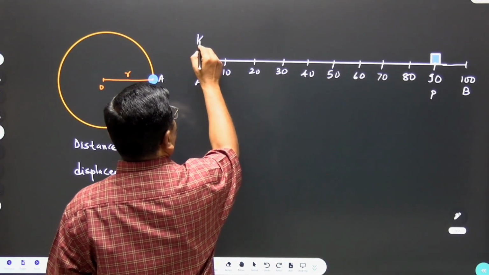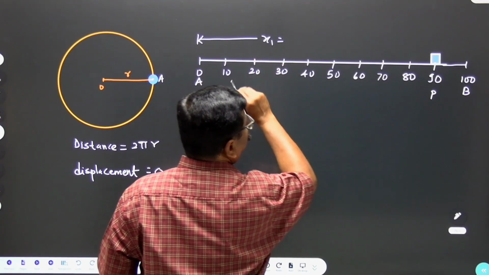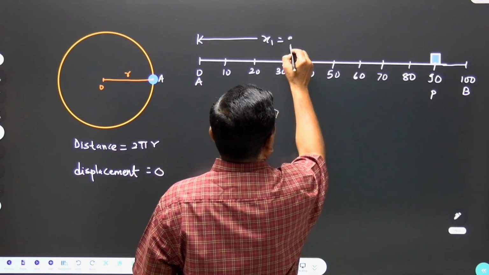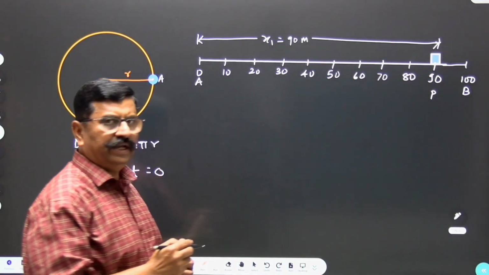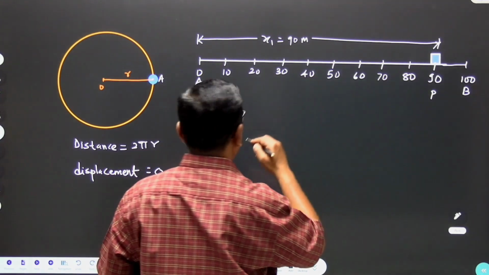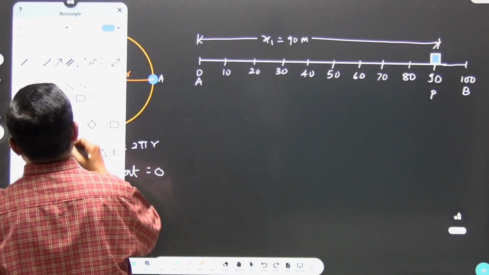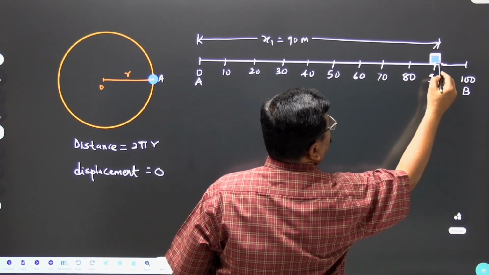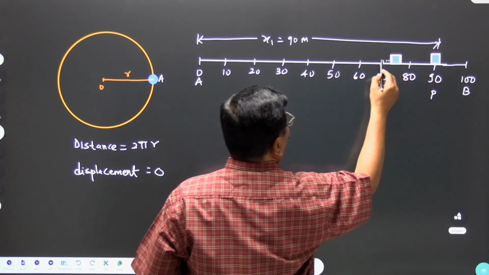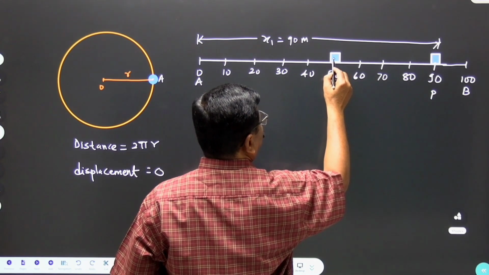So therefore, this is x1. The first x1 is equal to 90 meters. And then the object comes back to the 50 meter mark here.